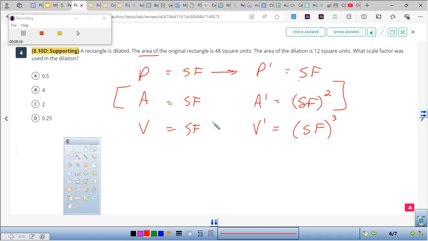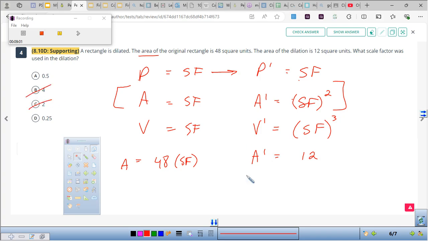So the original one is 48, and the new one is going to be 12. Initially, you think that whatever scale factor they used, you multiply, right? 48 times the scale factor would give you 12. So you see it's getting smaller.